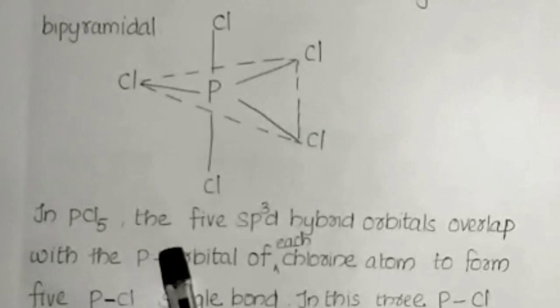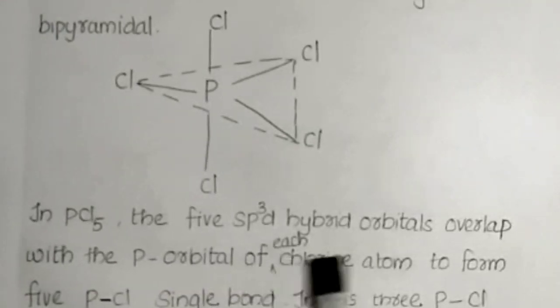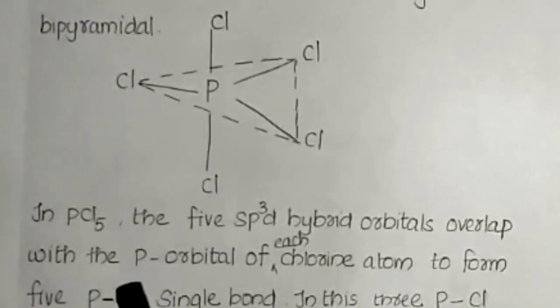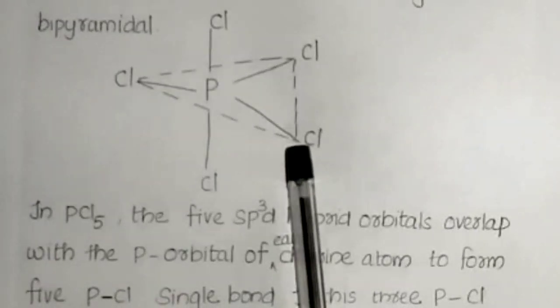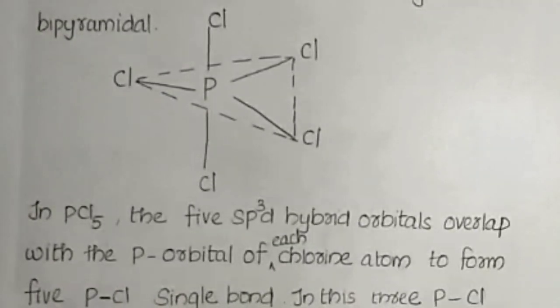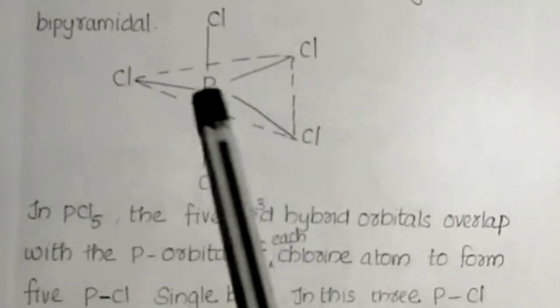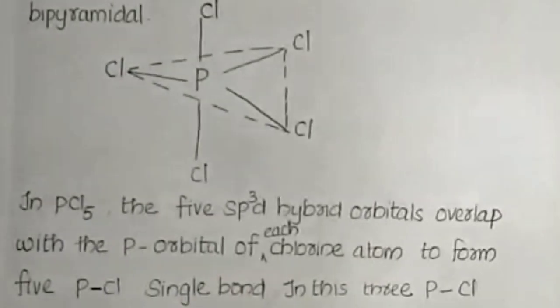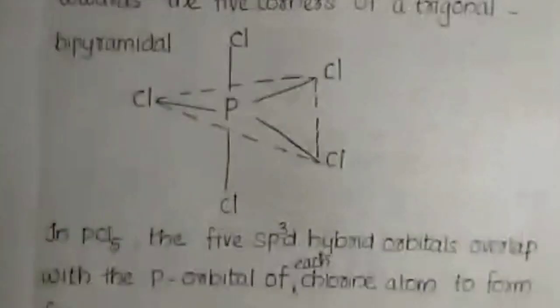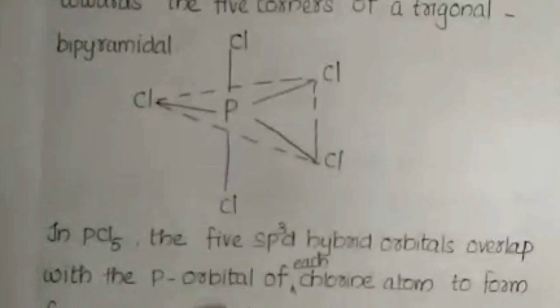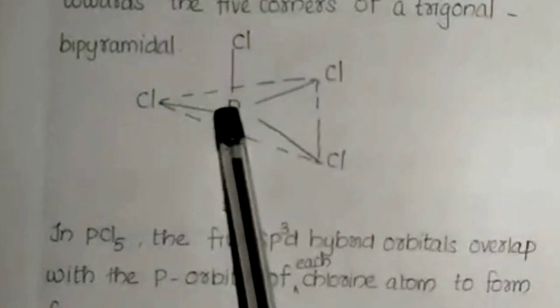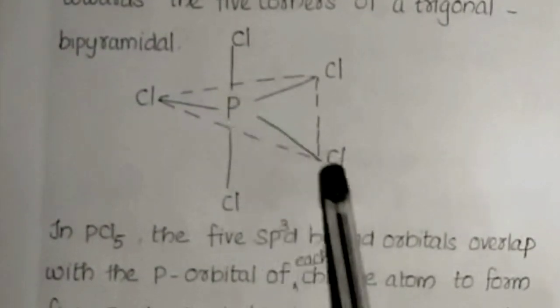Then in PCl5, the 5 sp3d hybrid orbitals overlap with the p orbital of each chlorine atom to form 5 P-Cl sigma bonds. Here 1 P-Cl sigma bond, 2, 3, 4, 5. In this, 3 P-Cl sigma bonds lie in one plane, this one and this one.